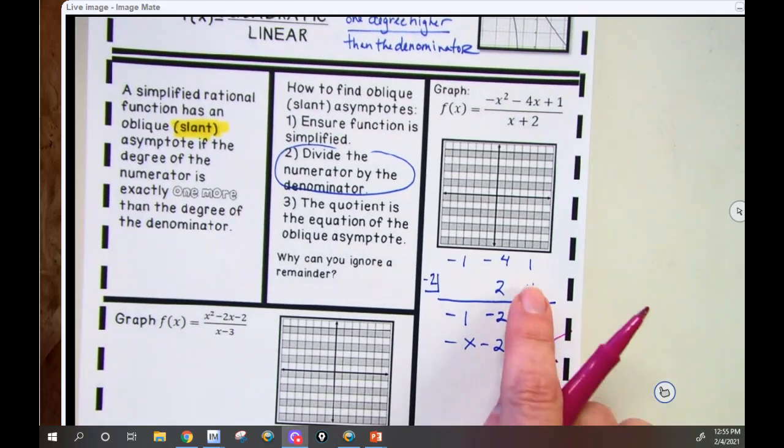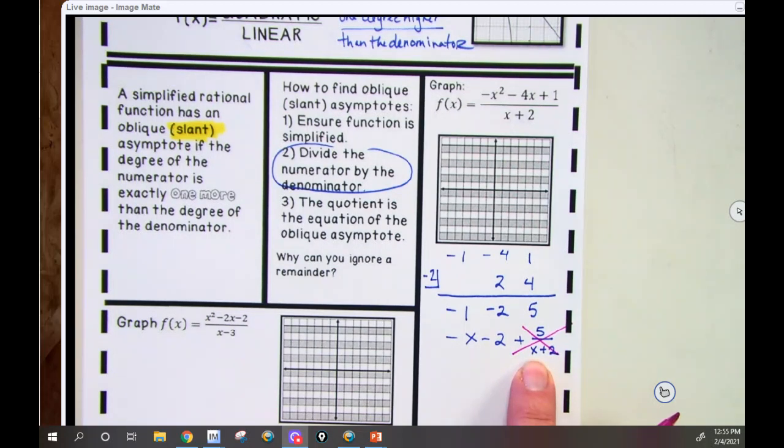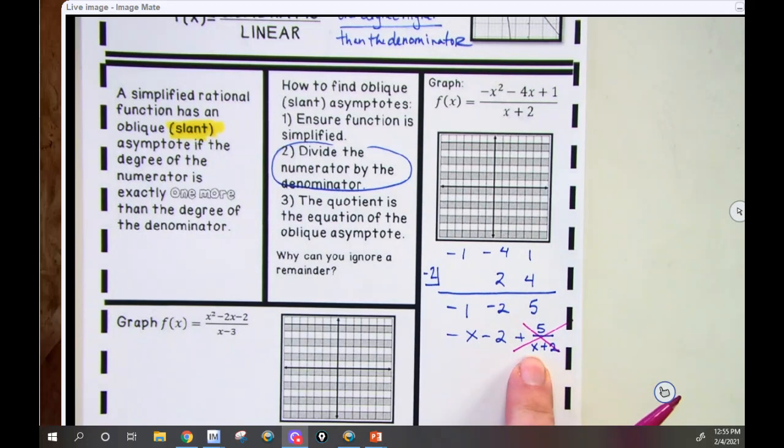When we graph, can x get bigger and bigger and bigger? Yeah. In fact, it gets so big, 5 divided by that, as huge of a number as you can think of, gets closer and closer to what? 5 divided by the hugest number you can think of gets closer and closer to 0. Yeah, perfect. So that's why we get to get rid of the remainder.